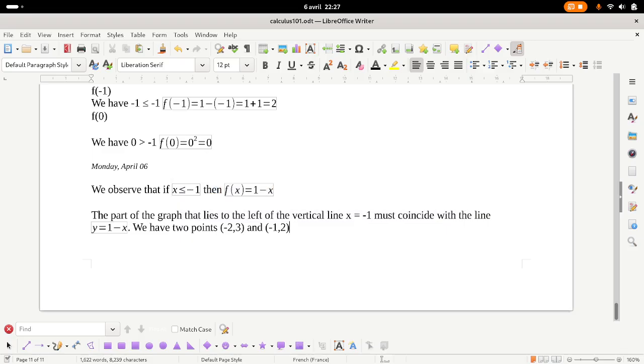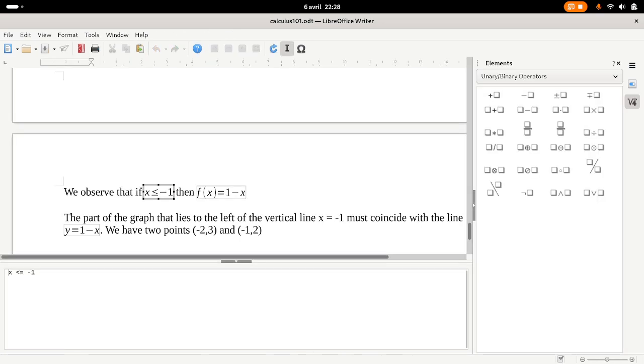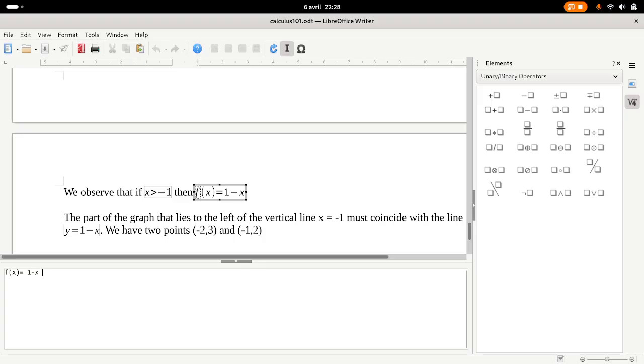Alors, and now if x is strictly greater than -1, then f of x equals x squared.